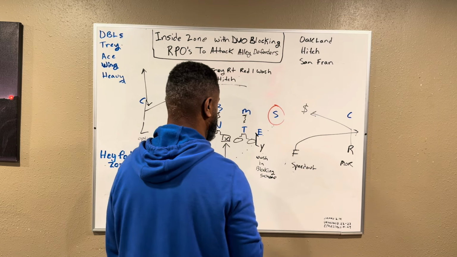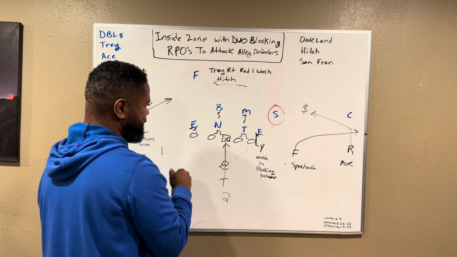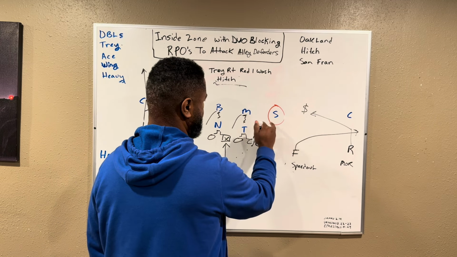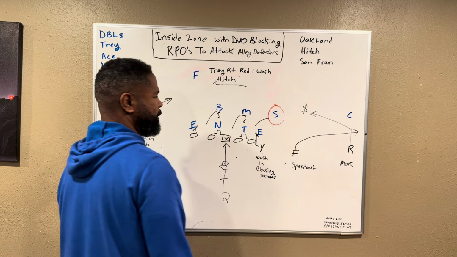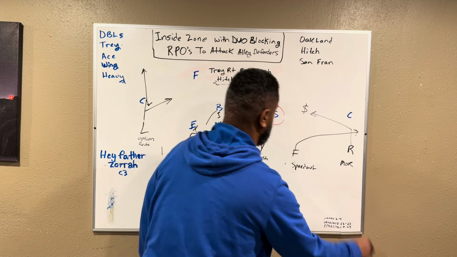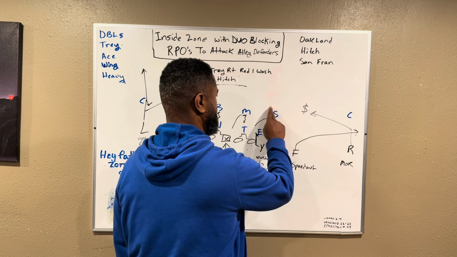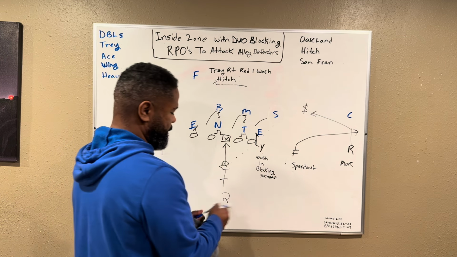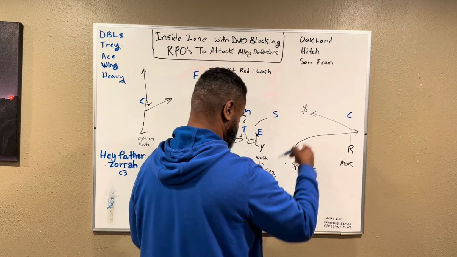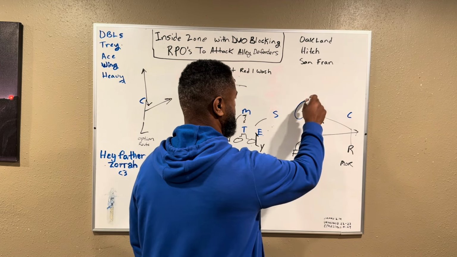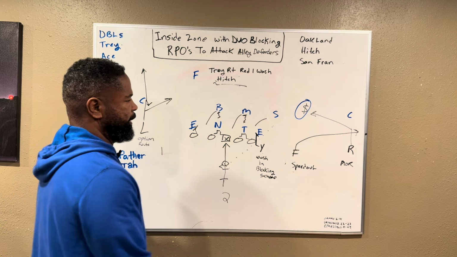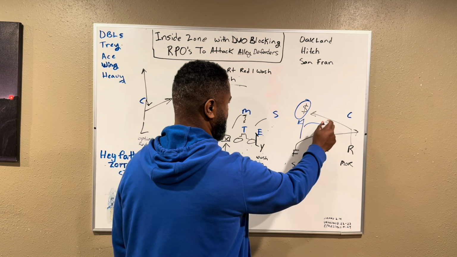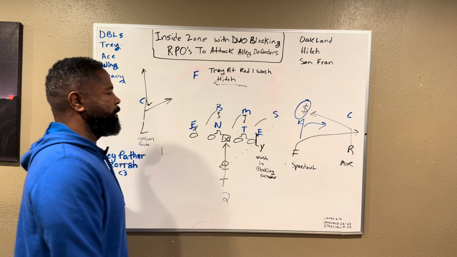In this case, his run fit is here, his run fit is here, and likely his run fit is going to be in here. Totally fine. So we're going to isolate the flat defender because we're trying to pick on the alley defender, flat defender. Make him the read. Same thing. Slant, hitch, out.